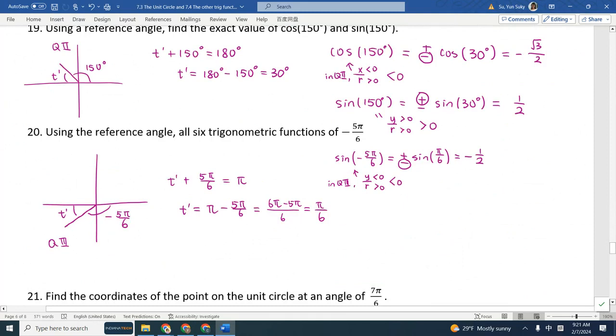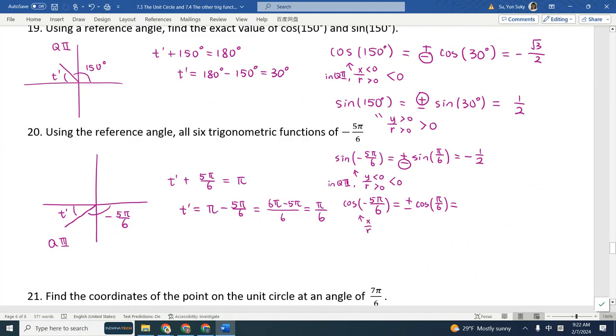That's the sine. Next, cosine. Cosine negative 5 pi over 6 is plus or minus cosine pi over 6. Cosine is what over what? X over r, right?